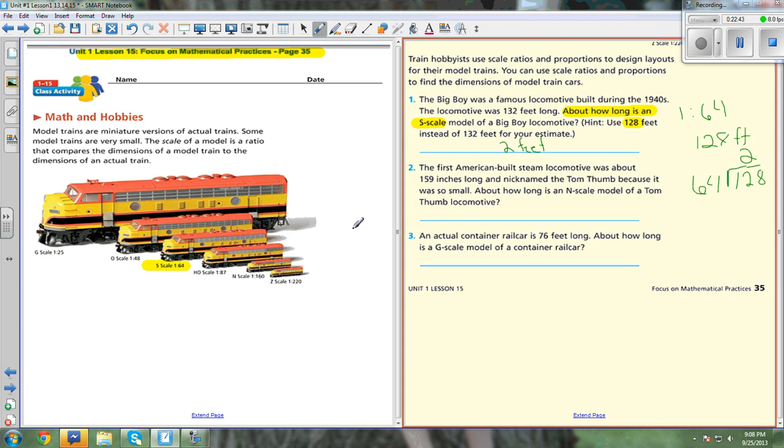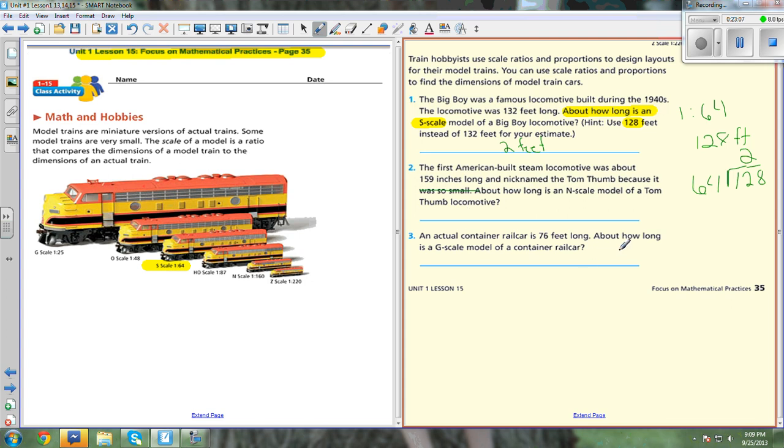The first American-built steam locomotive was about 159 inches long and nicknamed the Tom Thumb because it was so small. About how long is an N-scale model of a Tom Thumb locomotive? So the first American-built steam locomotive was only 159 inches long. Not very long at all.